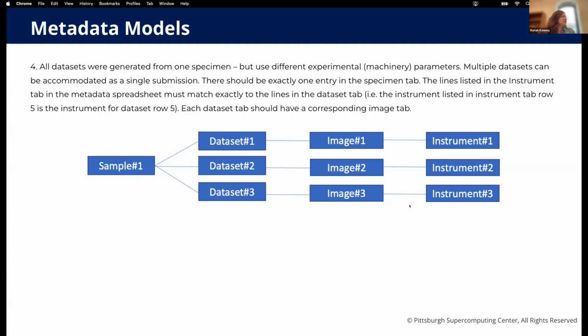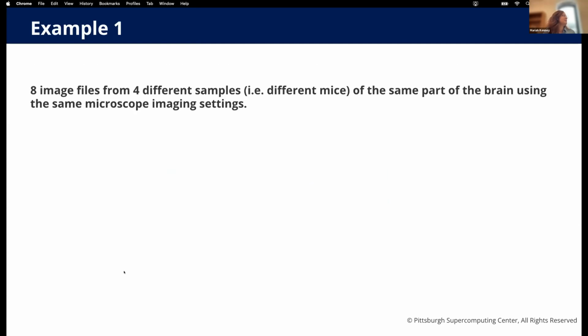The lines listed in the instrument tab match exactly to the lines on the dataset tab. So dataset, image, and instrument are all corresponding. So let's look at a quick example, and then we're going to go through the whole file and talk about all of the different entries in there.